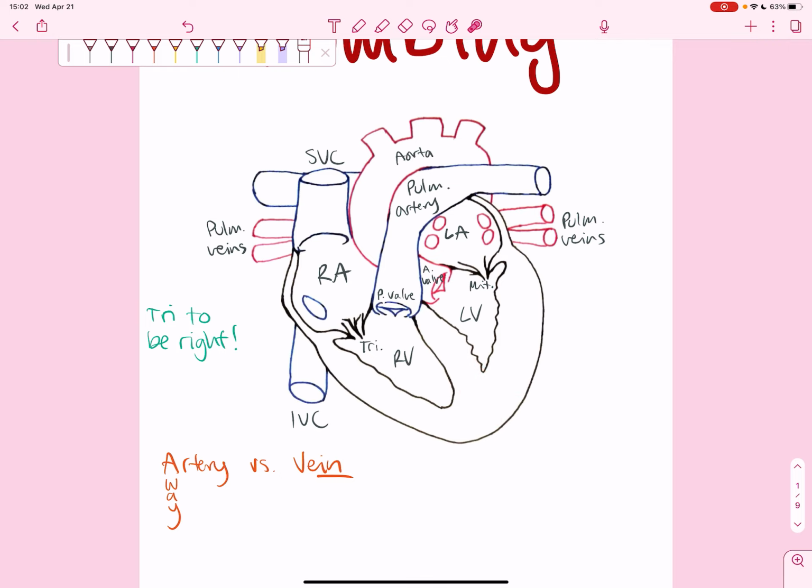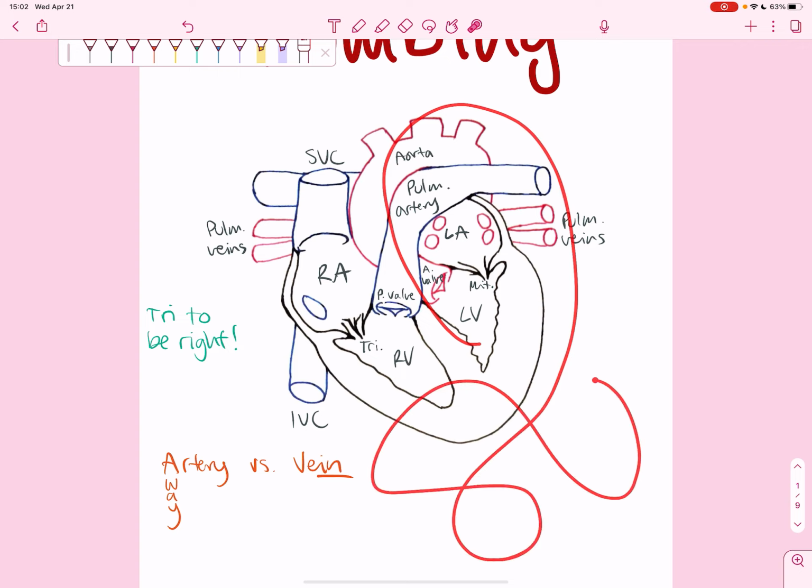Reason being, the left ventricle has to propel blood from your heart to everywhere in your body, versus the right ventricle just has to go to your lungs. So obviously you're going to need more muscle to get all the way wherever else you need to go.